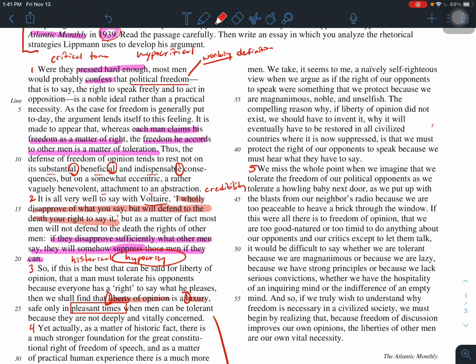So it's taken quite a while, but this is his thesis. We must hear what they have to say. We've got some strongly connotated words here. Naively self-righteous. This is, of course, a negative characterization of people who behave this way.